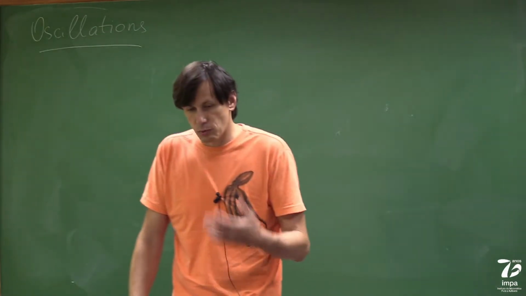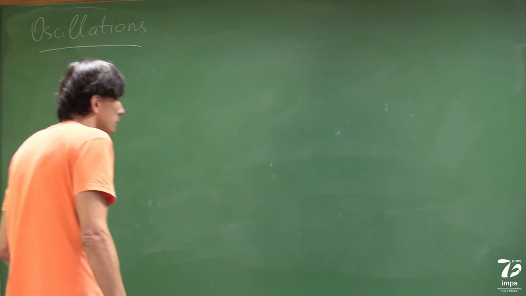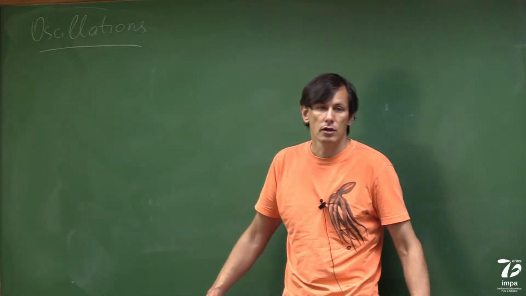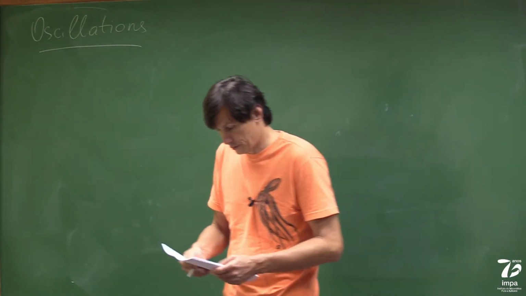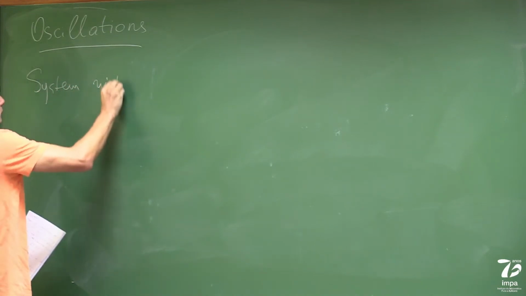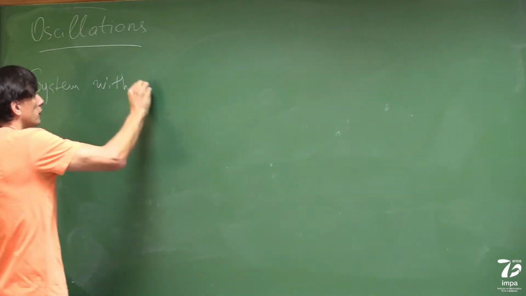But before considering small motion, we can study the one situation when we can really understand everything. And this is a situation with 1 degree of freedom. So today we start with a system with 1 degree of freedom.